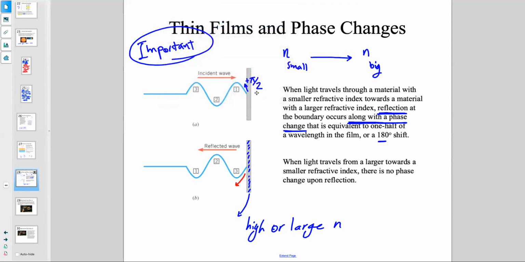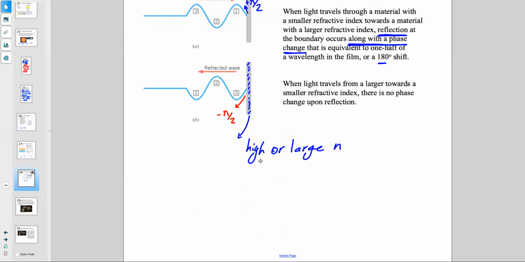It was pi over 2 at the beginning, and now it is negative pi over 2. So the phase changes 180 degrees on the reflected wave. If light waves travel from a large towards a smaller refractive index, there is no phase change upon reflection. In other words, if this is not a high-n material, nothing happens to your wave.